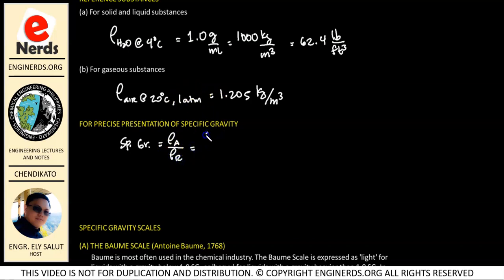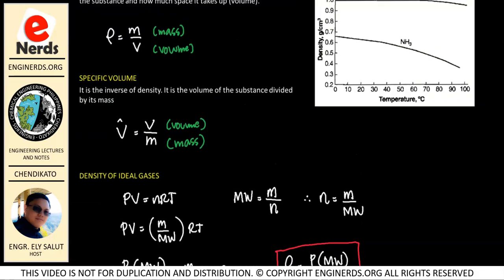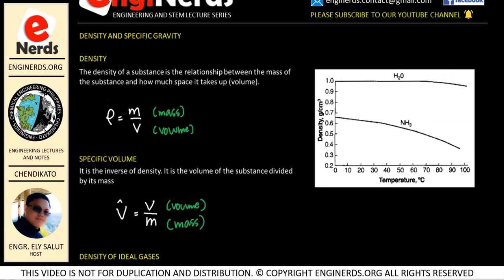This will be written as kilogram per cubic meter of substance A over kilogram per cubic meter of our reference. Okay, so although pareho sila ng unit, this is actually talking about different substances and the density may vary, katulad ng pinag-usapan natin kanina, depending on temperature.